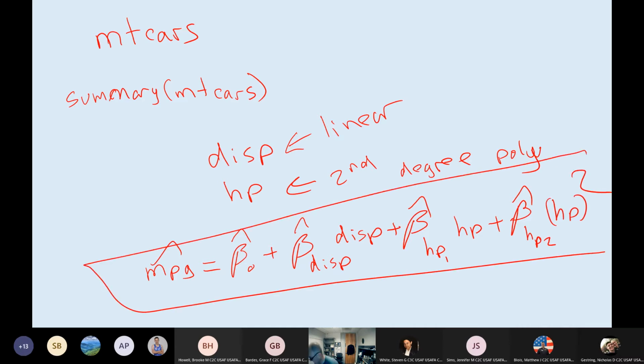So this is the regression equation I would like you guys to try to build. And if you can do that and tell me what these coefficients are and drop them into the chat, that's what I would like to see to prove that we understand what's going on.